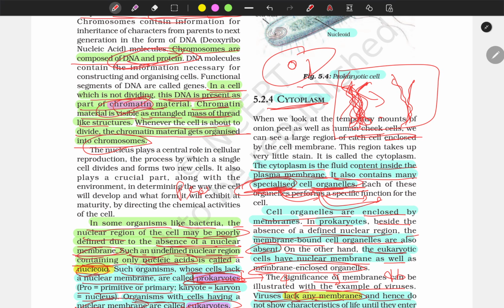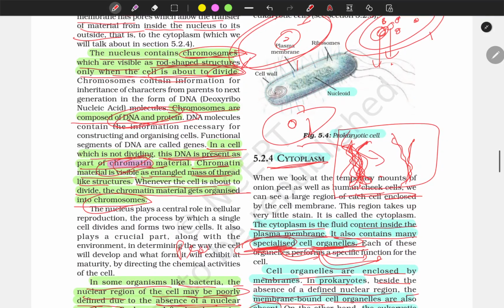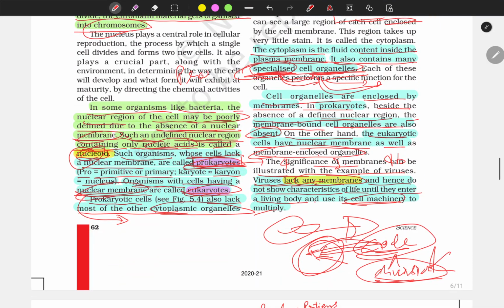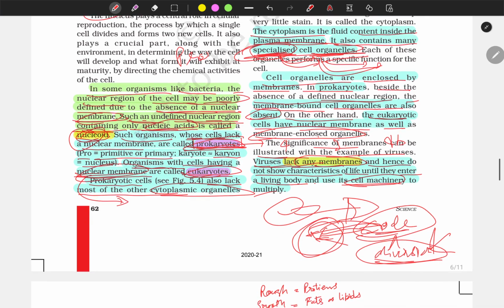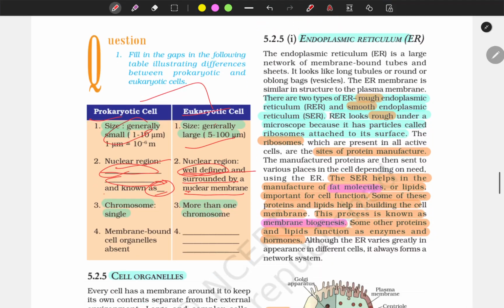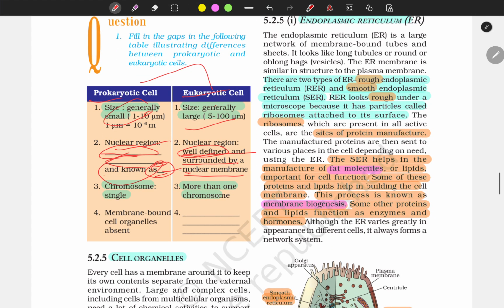The DNA is not organized as part of chromatin. Such an undefined nuclear region is called a nucleoid. The chromosome is single in prokaryotes, and there are a lot of chromosomes in the eukaryotic cell. Membrane-bound cell organelles are absent in prokaryotes, and present in eukaryotes.